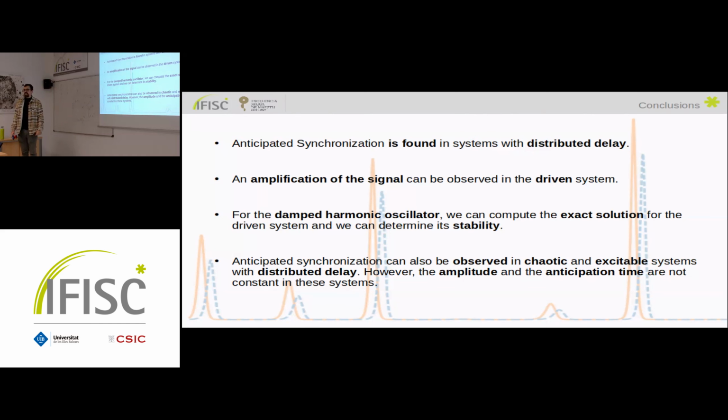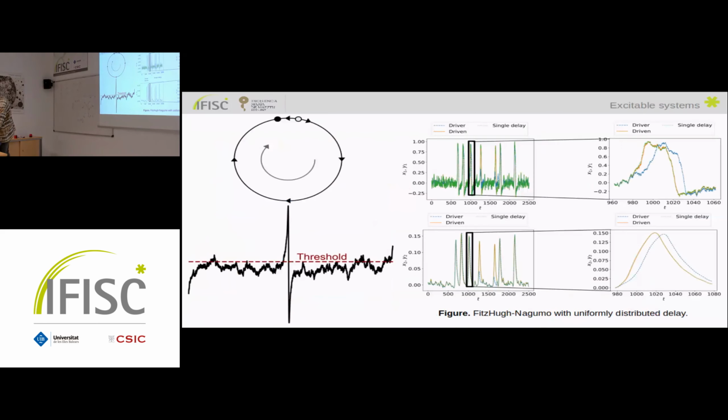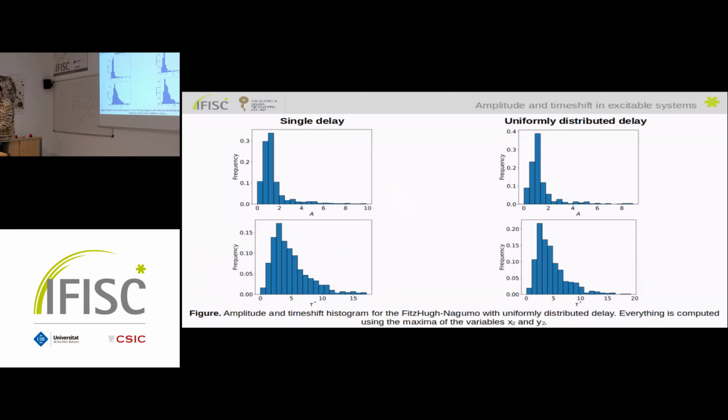So I wanted to ask about the last part with the excitable systems. If you could go exactly here in the next. Yeah. In the previous results that you showed, you showed that when you use uniformly distributed delays or even two delays, then you have more stable, you can reach higher delays which are still stable than when you compare it with a single delay.